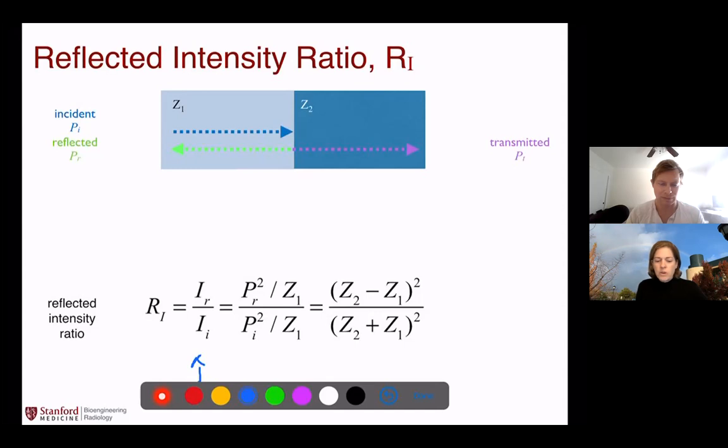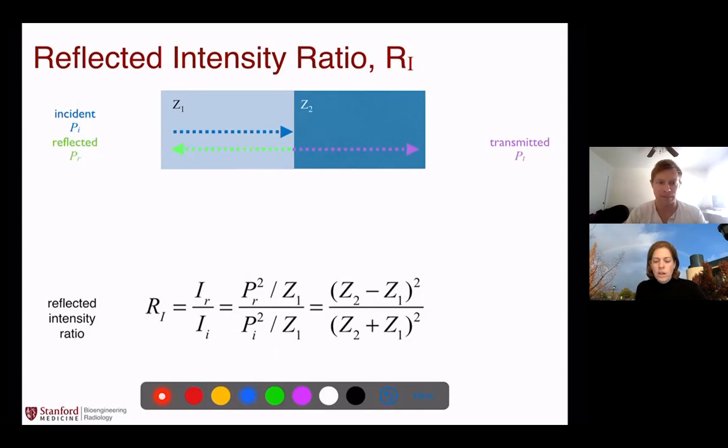So now we have the pressure squared that's reflected over the acoustic impedance of Z1, and then divide. What we've done is put in the definition of the intensity as P squared over Z, and we can do that here as well, P squared over Z, and we just have different pressures we're referring to. In both of these situations, we're referring to Z1.